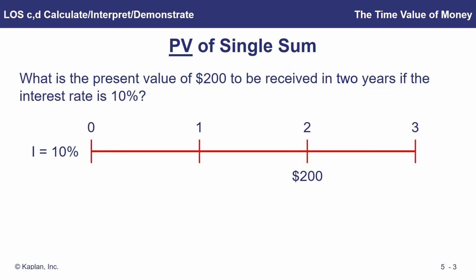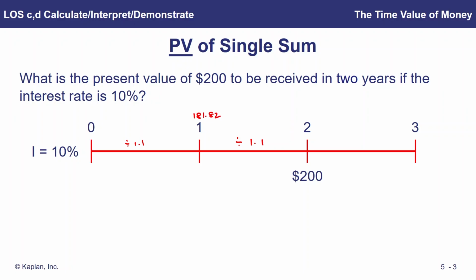So you could simply divide by 1.1, that is 1 plus your interest rate as a decimal, for 1 year, and then divide it by 1.1 again. Let's do that. So 200 divided by 1.1 gives us 181.82. This value here, I'm going to round to 2 decimal places just for speed.